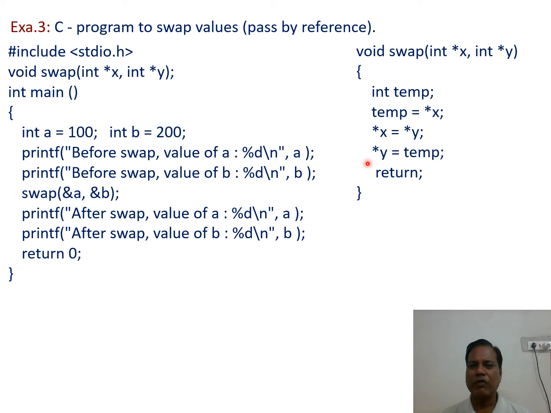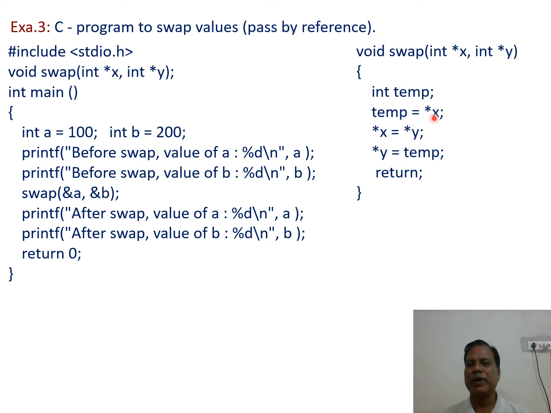Then executing the body of this swap function, int temp; this statement defines an integer type variable temp. The next statement, temp = *x. This *x indicates the value in the memory location held by x.